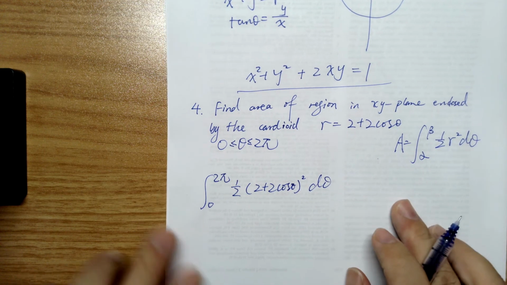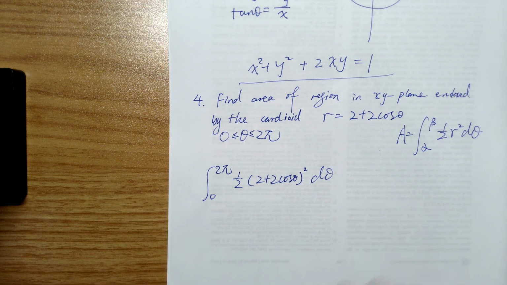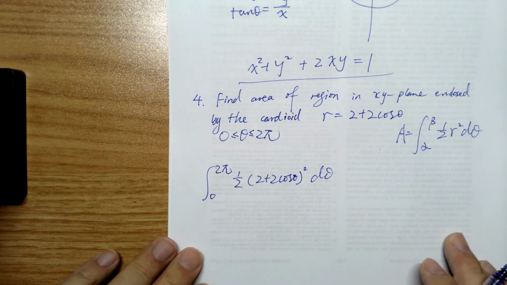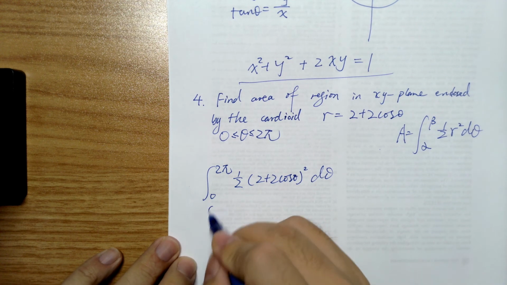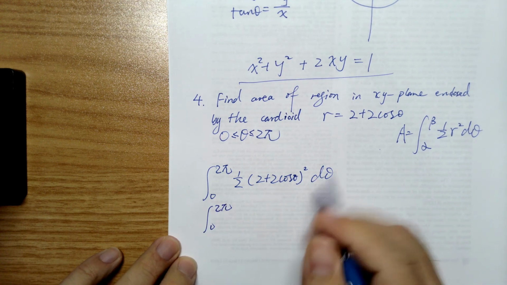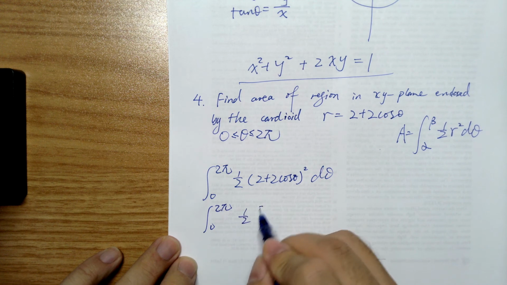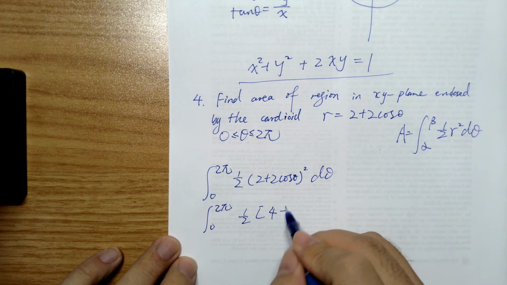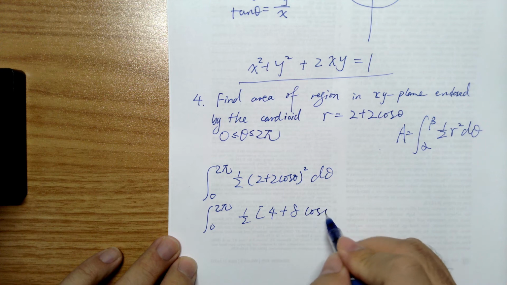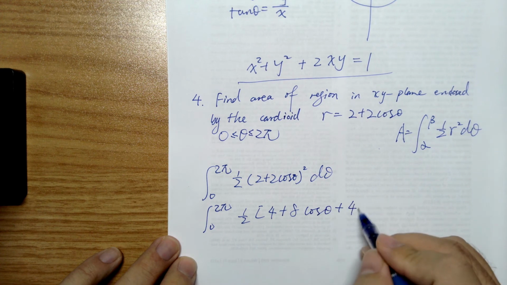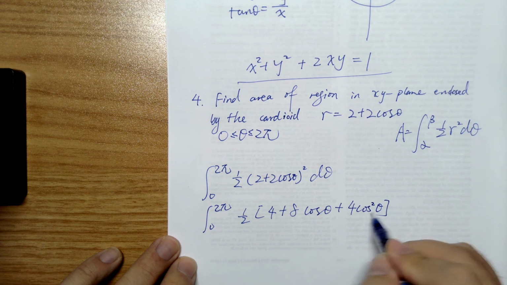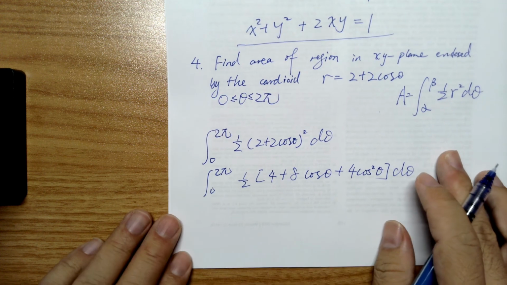Okay. So basically, it's just evaluating this integral here, and you'll see it's going to be 4 plus 8 cosine theta plus 4 cosine squared theta, and then d theta here.